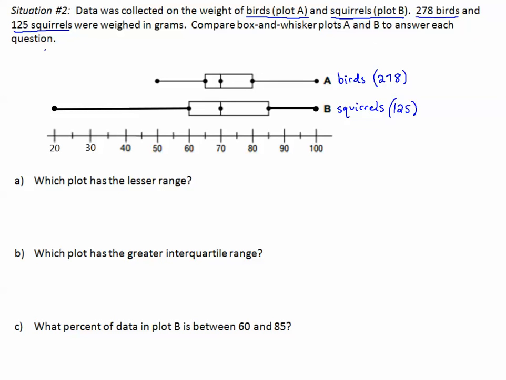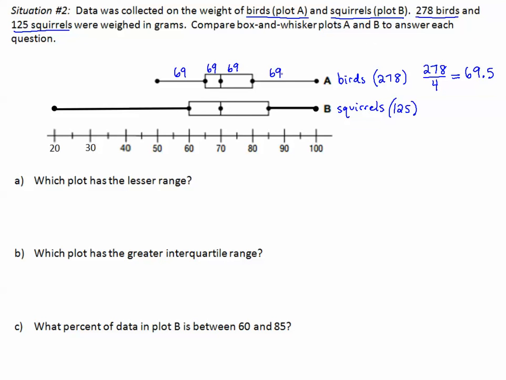Before we begin answering questions, remember that each part of the box and whisker plot is equally dividing all the data points. So if there are 278 birds, I'm going to take 278 and divide by 4 to find out how much is in each quartile. That equals 69.5. So I know that there are 69 data points in each of the 4 quartiles.